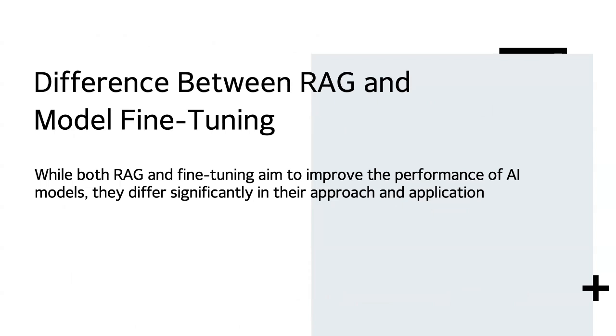So I'm gonna now compare the difference between RAG and model fine-tuning. While both RAG and fine-tuning aim to improve the performance of AI models, they differ significantly in their approach and application.